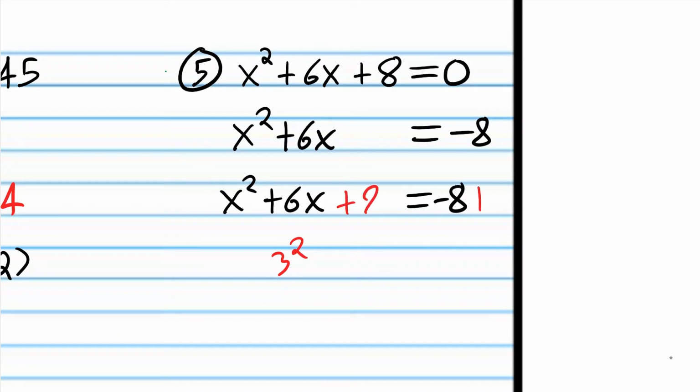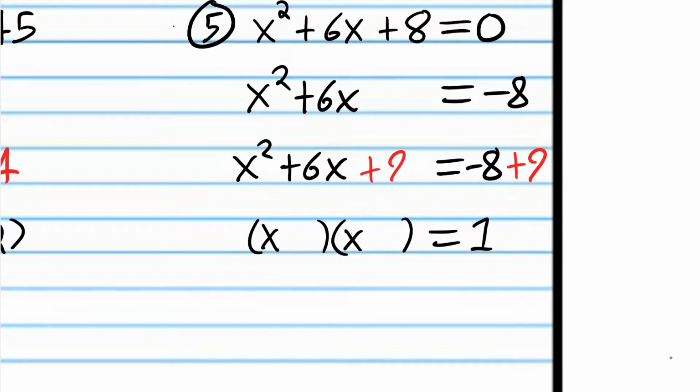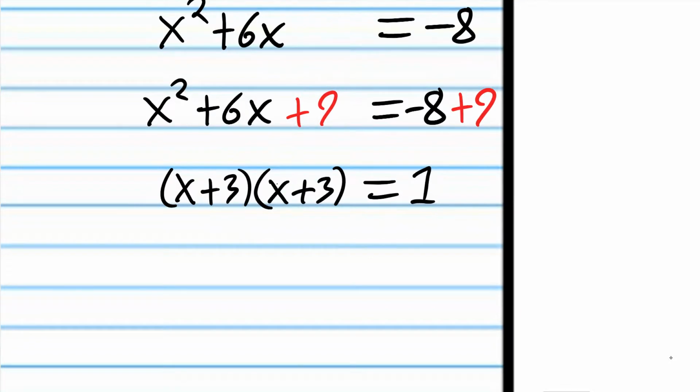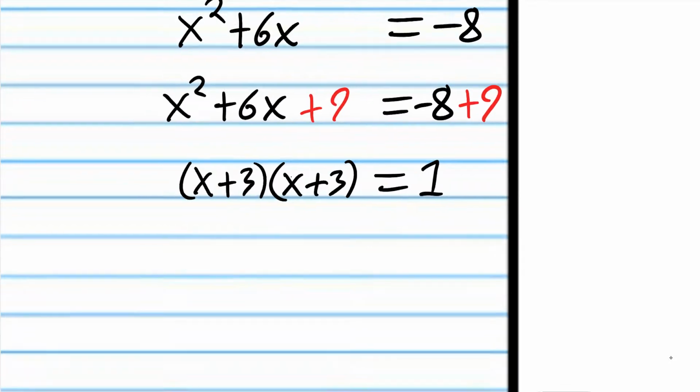So that tells us what to add to each side of the equation. Negative 8 plus 9 is 1, and this is a perfect square. So if you factor it, like we learned in the earlier problems, it's going to be 3 times 3 to get 9, because 3 plus 3 is 6, and 3 times 3 is 9.